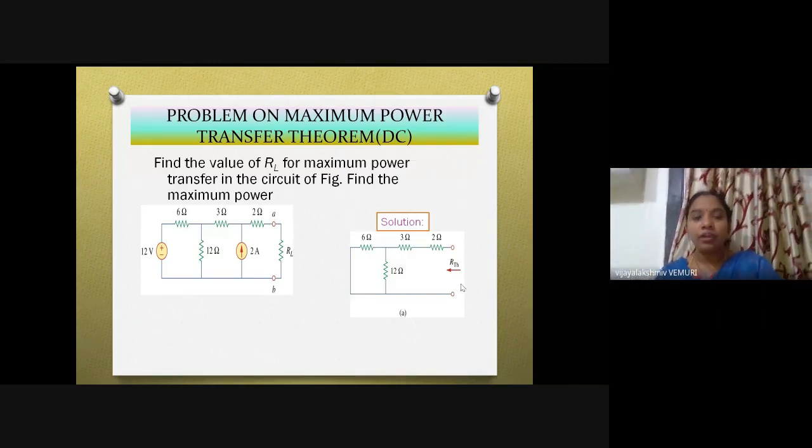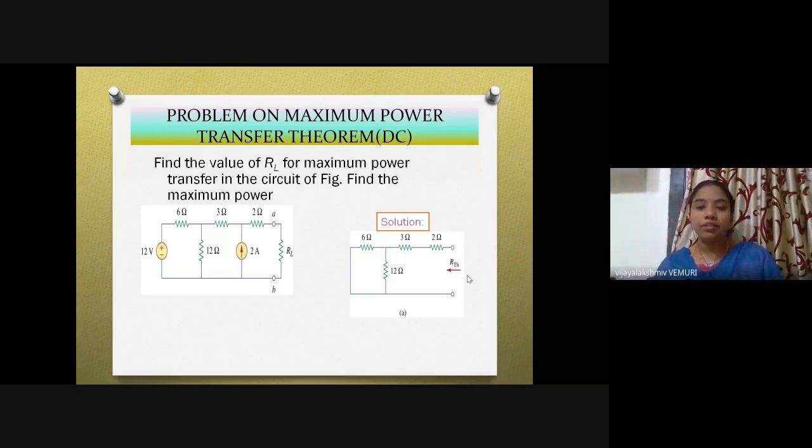Now, in order to find out R Thevenin, you need to observe from the output terminals into the circuit. Observing from the output terminals into the circuit means you need to assume that there is a source here. Whenever you have a source here, current starts flowing, and whenever current starts flowing, it gets divided.